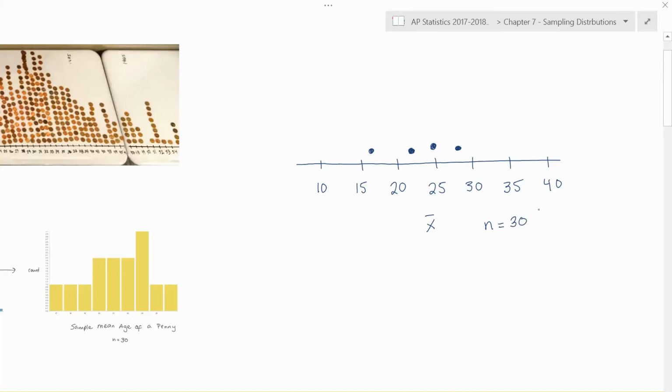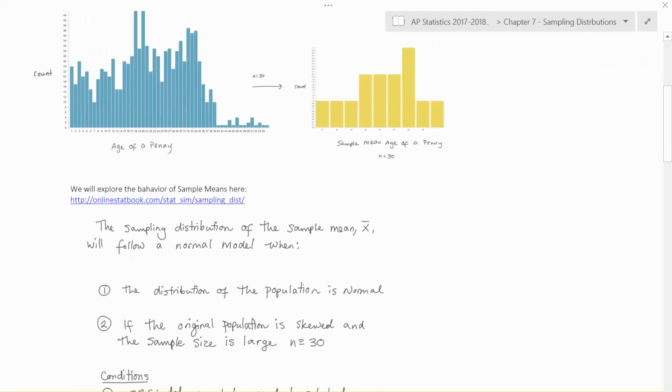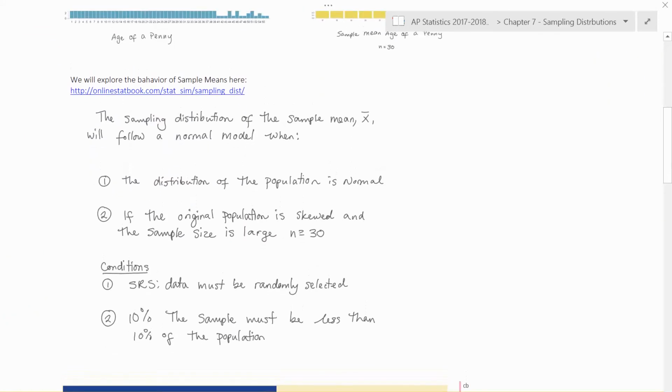Okay, so in our lesson, we explored the behavior of this sample mean in repeated samples. And we should know that the behavior of the sample mean in repeated samples depends a great deal on the sample size. So that's what we investigated in the applet. So let's just review what we discovered.